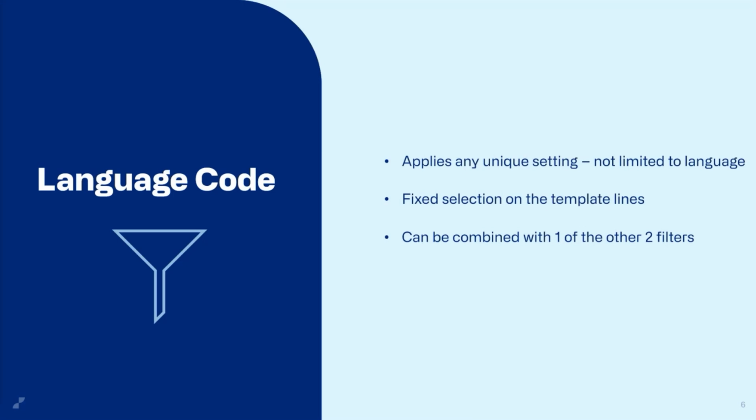For language code, it's a bit different. The language code filter is already pre-selected in the template lines. So that's always there. And it has the ability to combine with any of the two other filters.